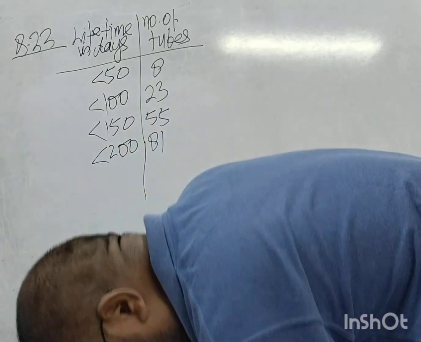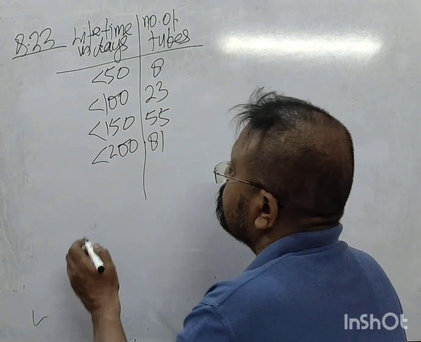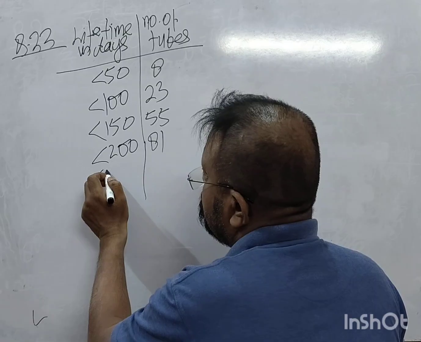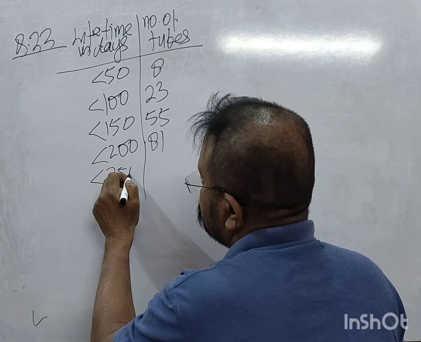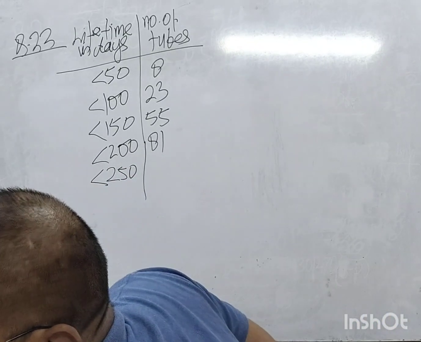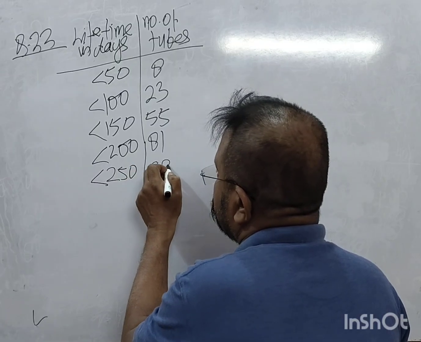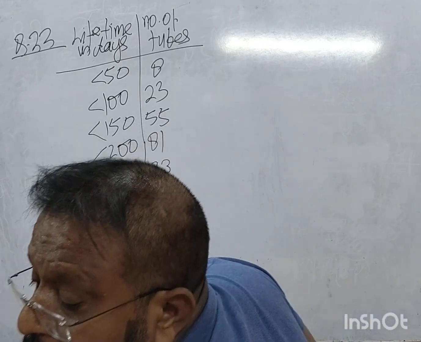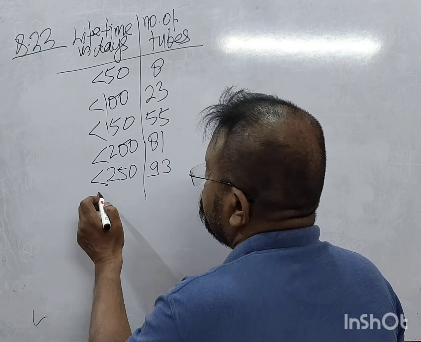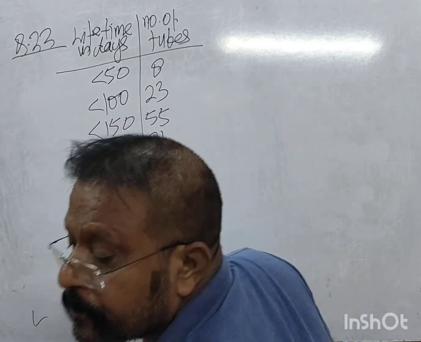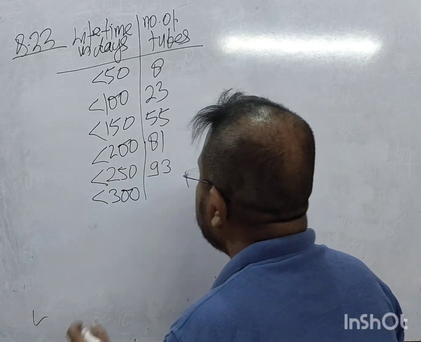Less than 250 is how much? 93. And less than 300 is 100.